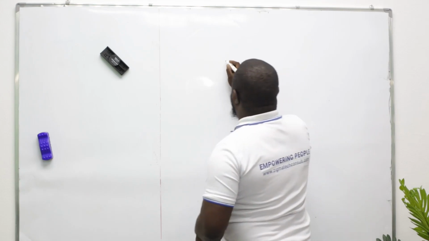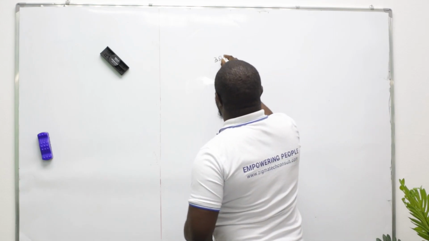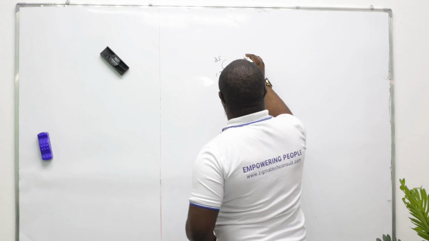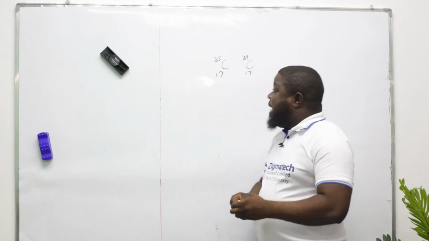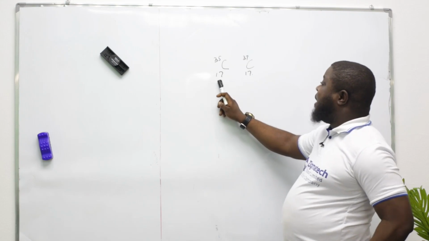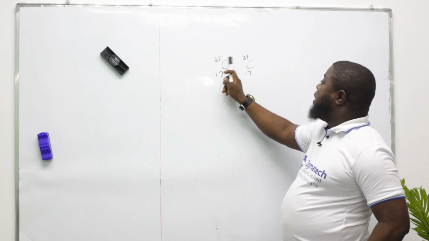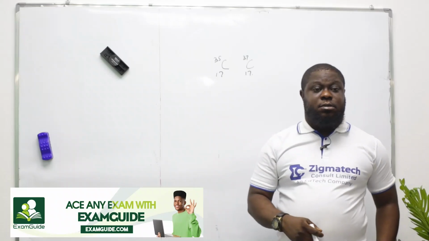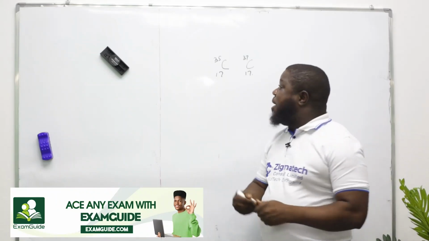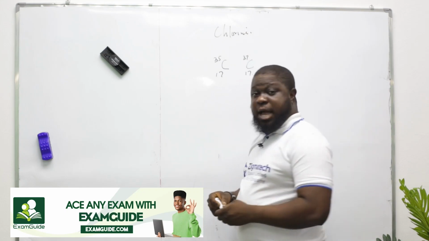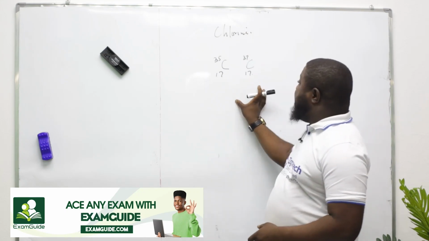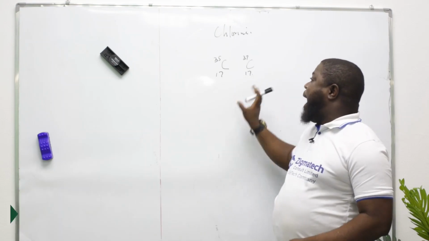You know, isotopes of chlorine are this and this. In essence, they have the same atomic number, 17, but they have 2 different mass numbers. As you can see.